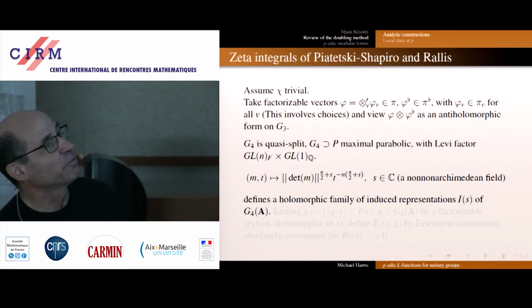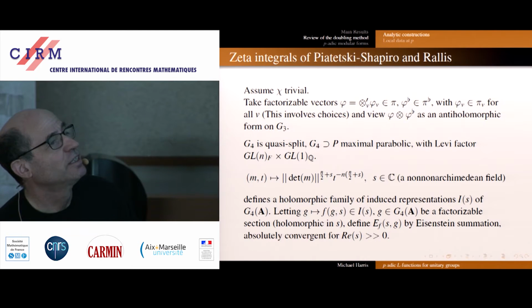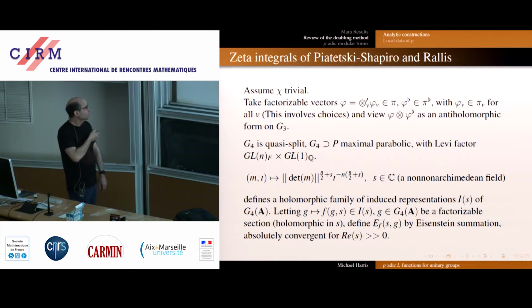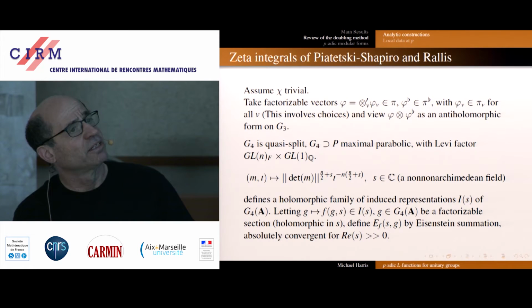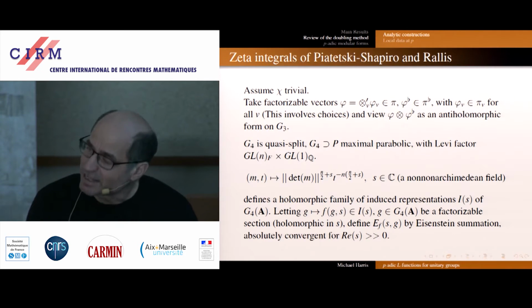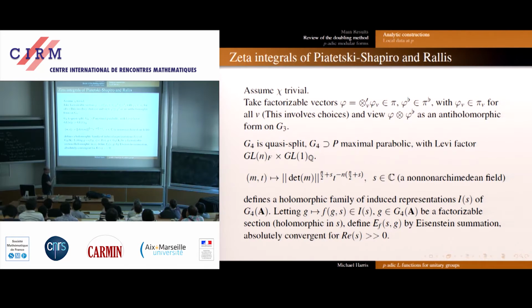We've got a holomorphic family of induced representations of the group G4, and we choose some functions in this induced representation, set up so that for the real part of s sufficiently large, you can add them up as you usually add up Eisenstein series, and you get an Eisenstein series depending on this choice of function f. This is just a function f, a complex variable, and an element g.